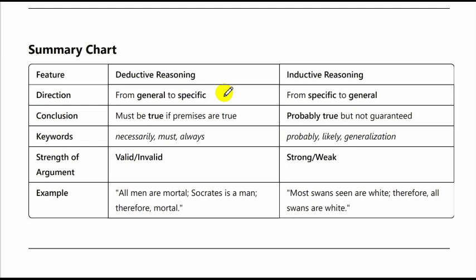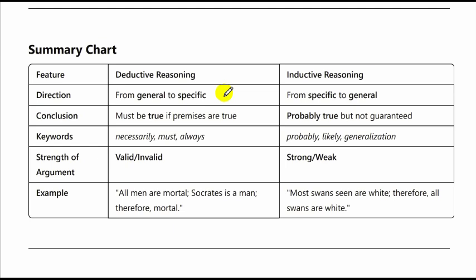Whereas in inductive reasoning, the conclusion is probable or likely to be true, but it is not guaranteed because our premises are probable. These are instances, these are observations, these are not facts.